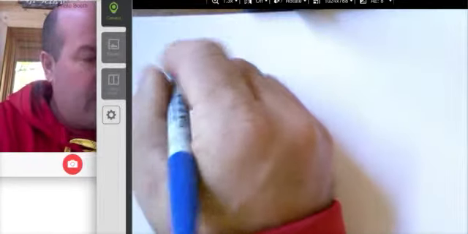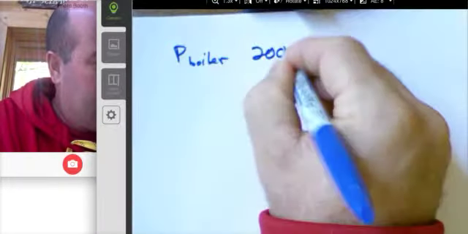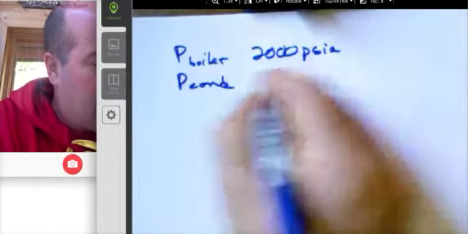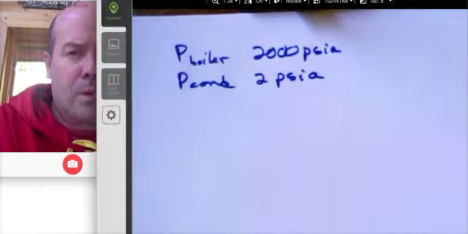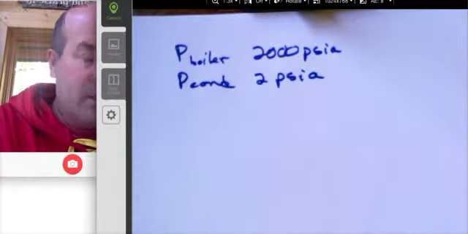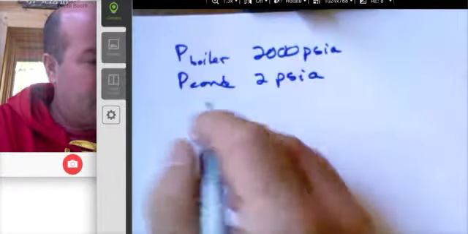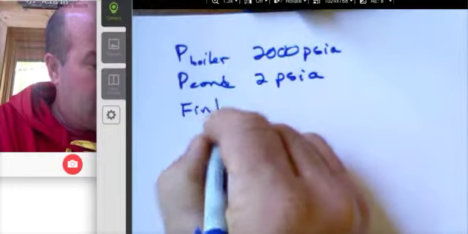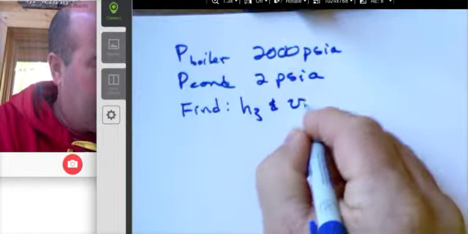So let's say that we have a pressure in our boiler of 2000 psi and a pressure in the condenser of 2 psi. And what I'd like you to do now is press pause and find H3 and V3.